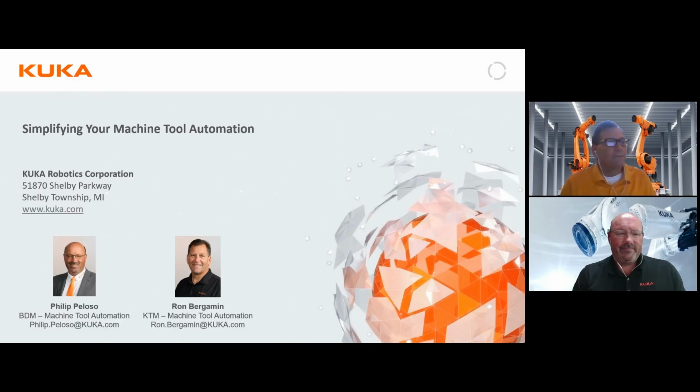Can the KUKA robot controller also work as the cell controller for smaller projects? Yeah, that's more of a technical question. Maybe Ron and I can come at this in a couple of ways, but the quick answer is absolutely. Our robot controller can handle multitasking, if you will.